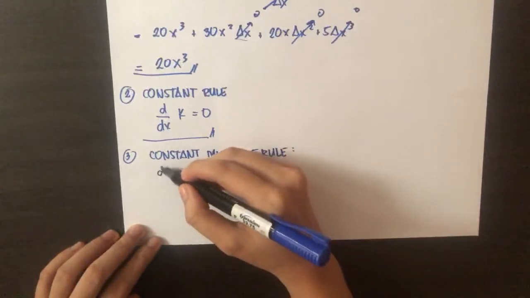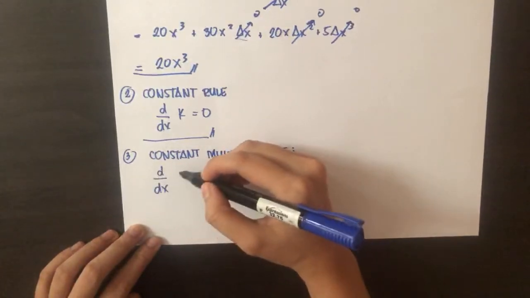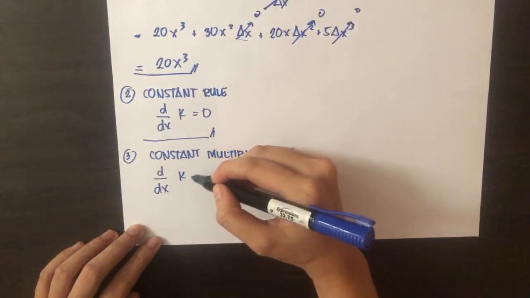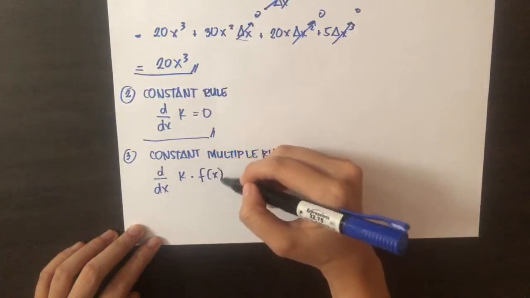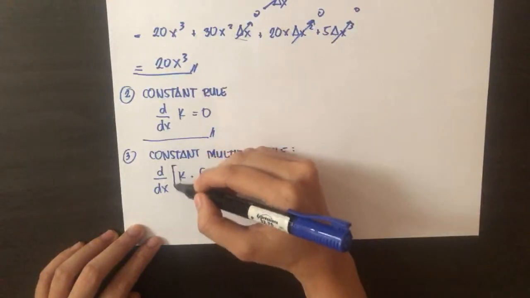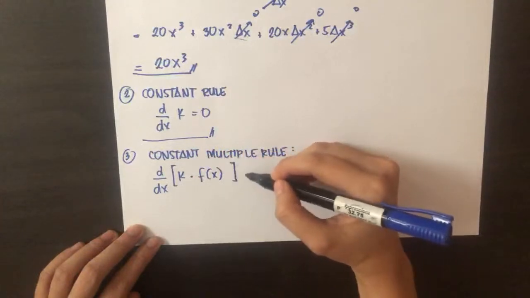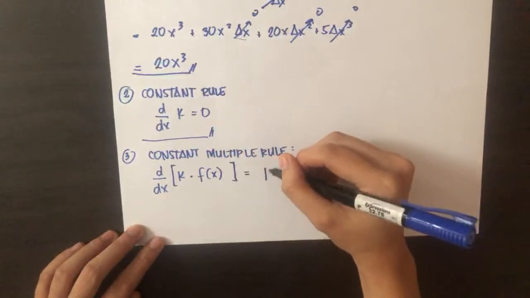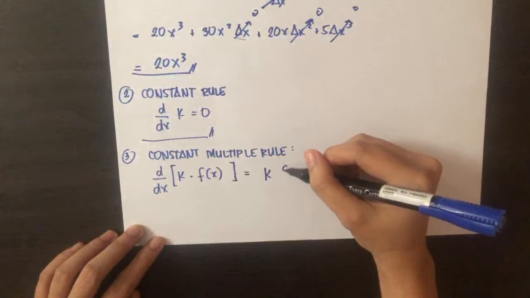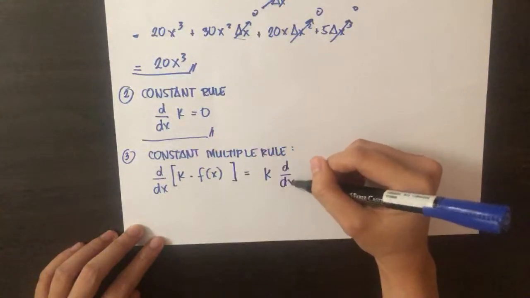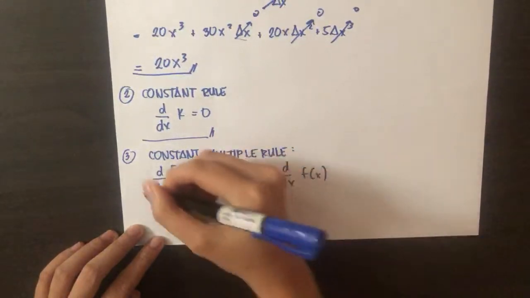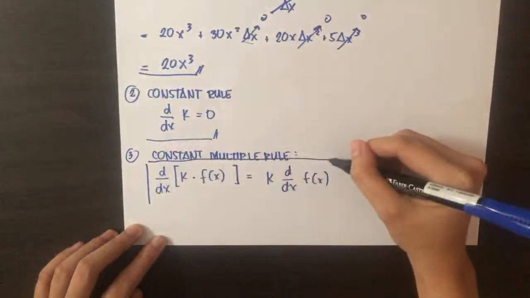So, the derivative of a constant multiplied to a function is equal to, ayan, imumultiply lang natin siya sa derivative ng function. Ayan, it's another formula.